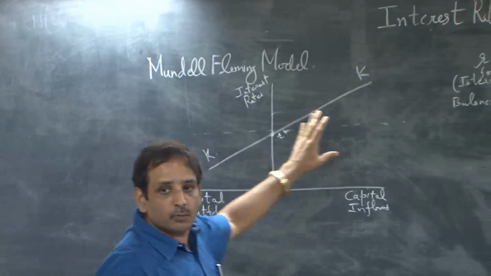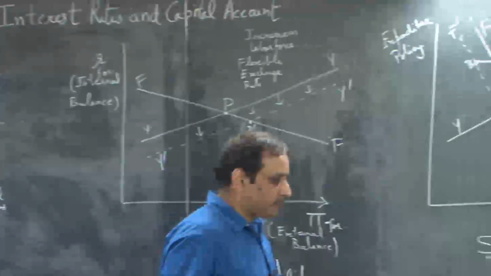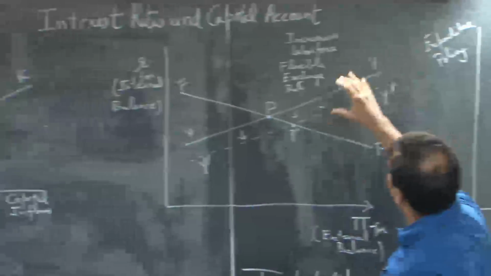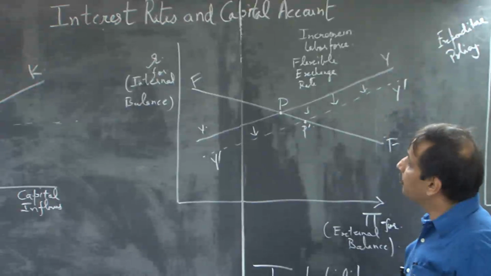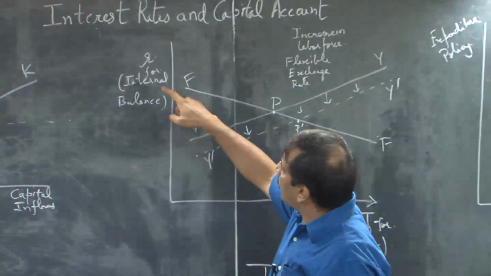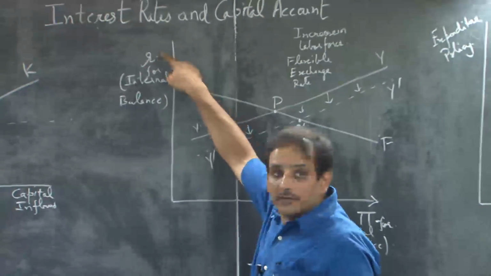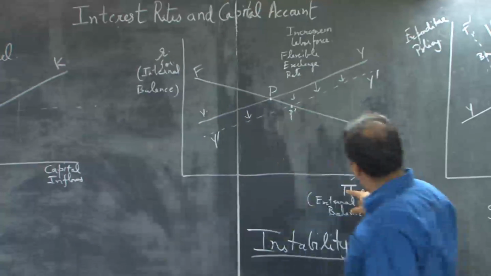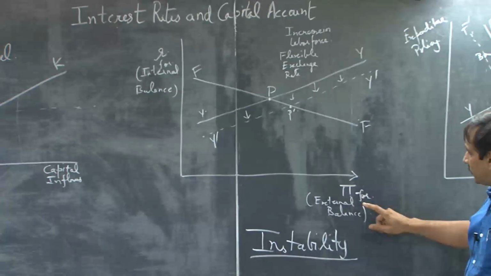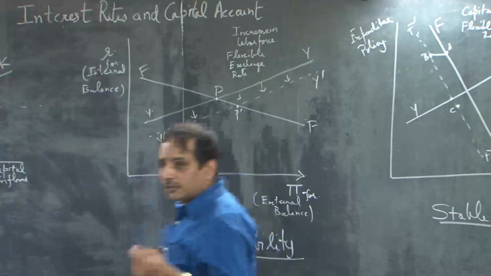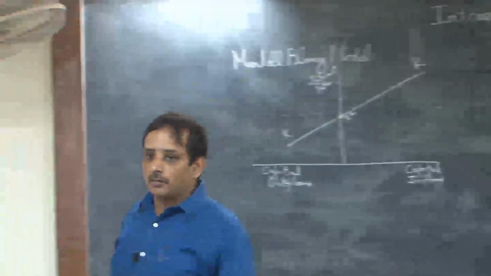Now, as soon as you bring in the exchange rates and you have a flexible exchange rate, for internal balance you have the interest rates on the y-axis and you have exchange rates on the x-axis. Now see how instability will come in the economy.